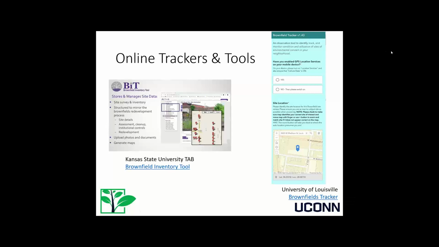It is an online web-based tool where you can add information on your brownfield sites, locate them, and have this as an online database where you sign in with your credentials and access the information. So those things are out there, and if you need more information, I'm happy to discuss more about this.